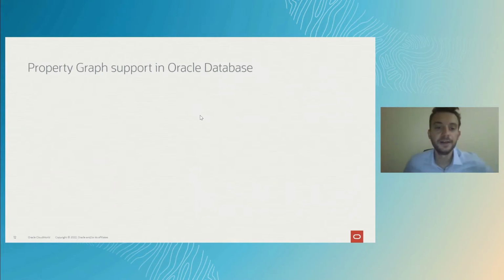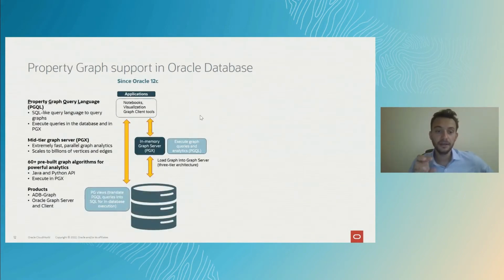So in terms of property graph support, Oracle has been offering support for graphs since Oracle 12c. The main graph query language used for querying graphs is PGQL, property graph query language, which is a very SQL-like query language and which allows users to either run queries on the database by translating them to SQL, or run them in PGX, which is a mid-tier in-memory graph accelerator that can accelerate the performance of graph querying.